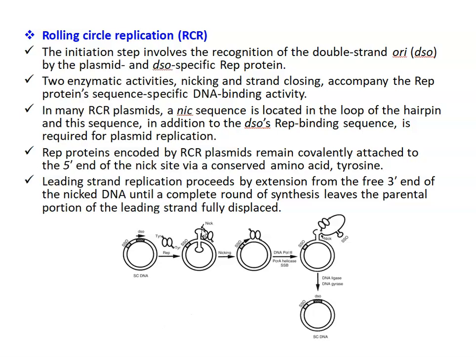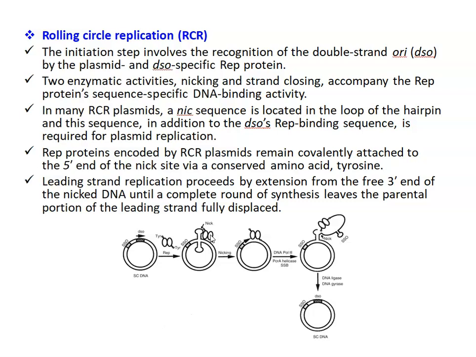Now, rep protein encoded by RCR plasmids remains covalently attached to the 5' end of the nick site via a conserved amino acid tyrosine. You can see here rep proteins and tyrosine, and here this is tyrosine.